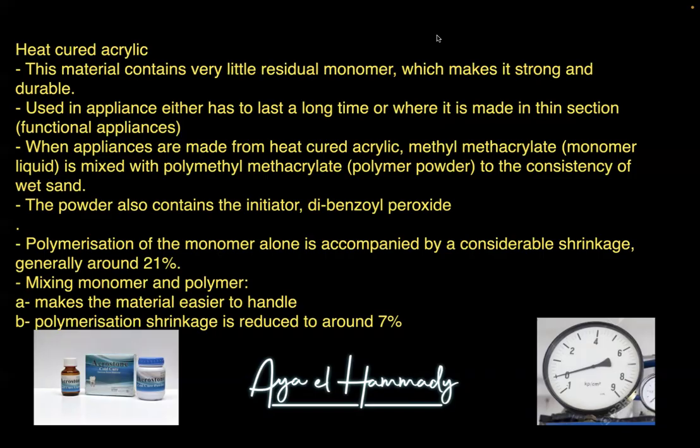So we need to mix both in the proper amount to give the wet sand appearance, and when applying both together in the proper amount, it will decrease the polymerization shrinkage.